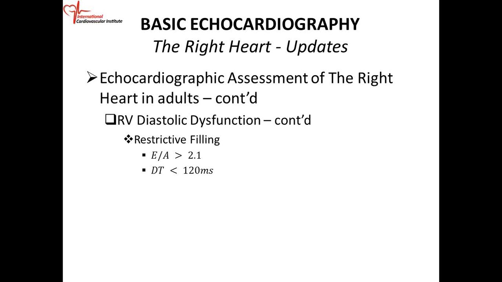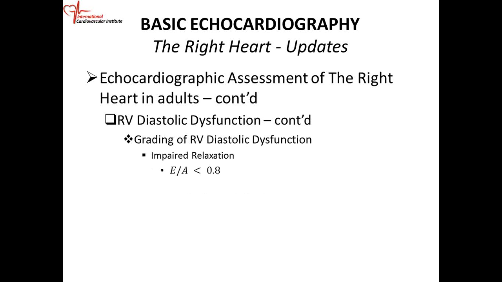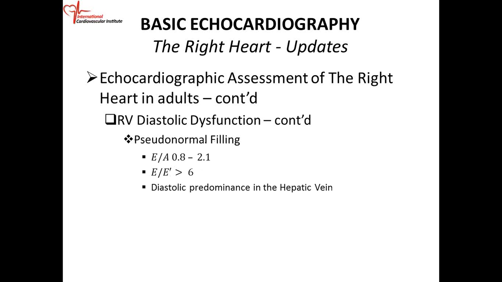Okay? So diastolic dysfunction on the right side, we just have three stages. Impaired relaxation, the E to A is less than 0.8. Pseudonormal, if the E to A is 0.8 to 2.1, your E to E prime ratio is greater than 6, and you have diastolic predominance in the hepatic vein.